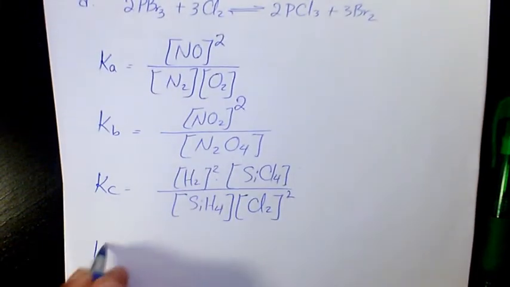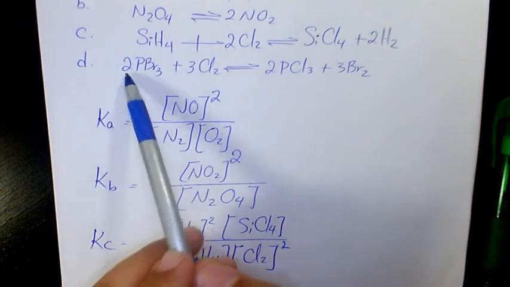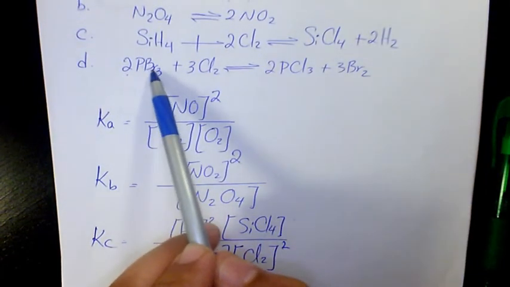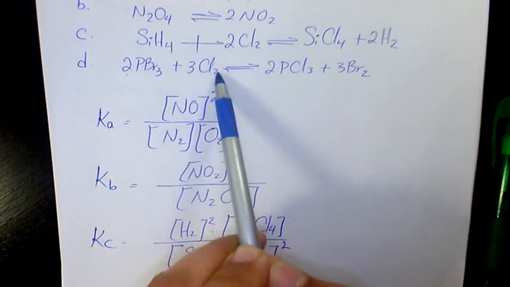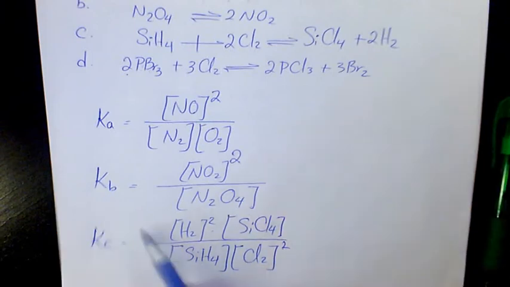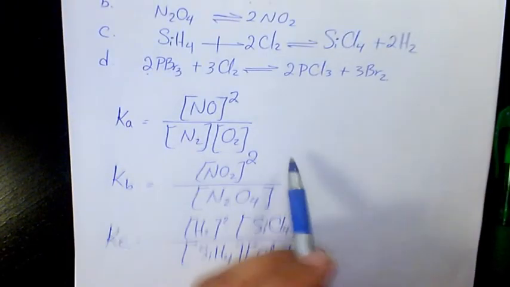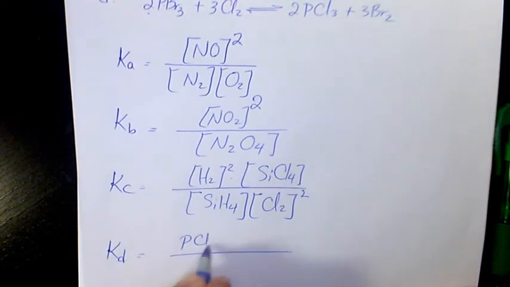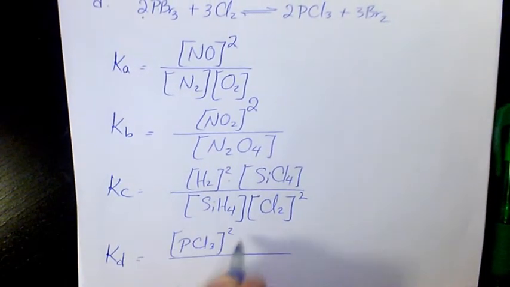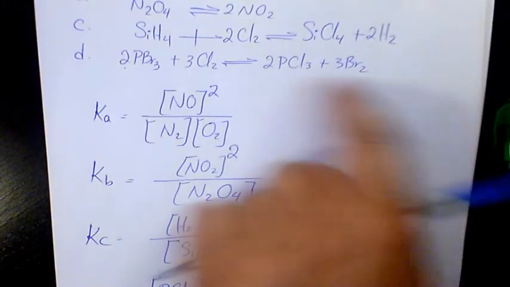Next one, Kd. We have 2PBr3 plus 3Cl2 gives us 2PCl3 plus 3Br2. So I'm going to write the products first, PCl3 and Br2. So PCl3 to the power of 2 times Br2 to the power of 3, based on the coefficients we have in here.